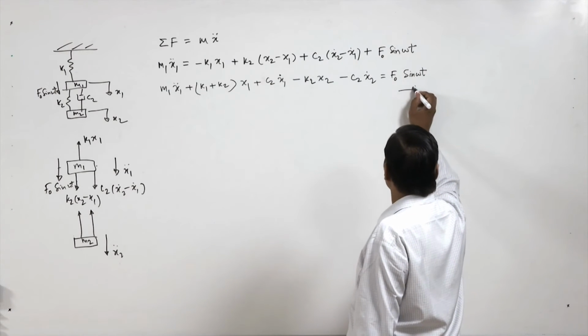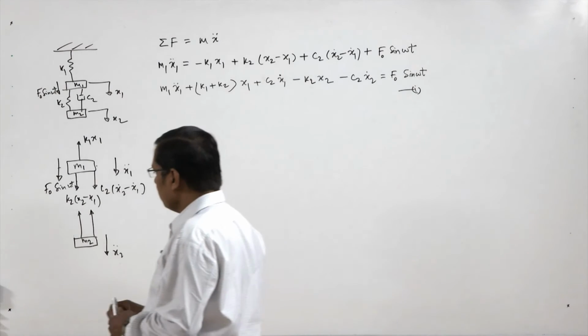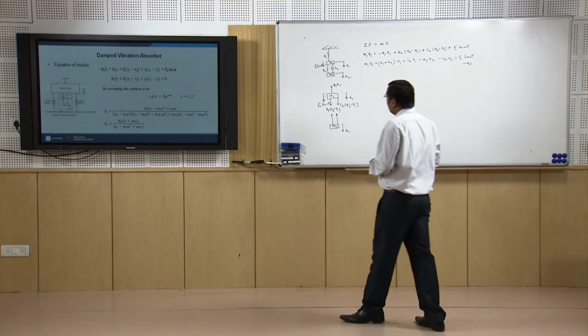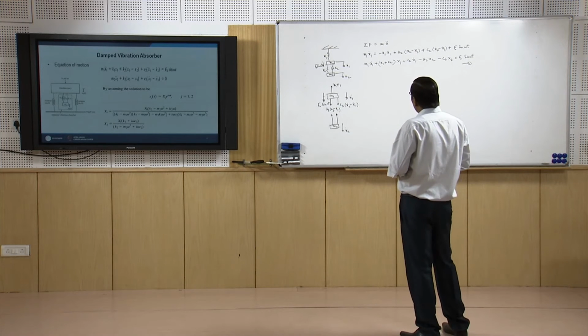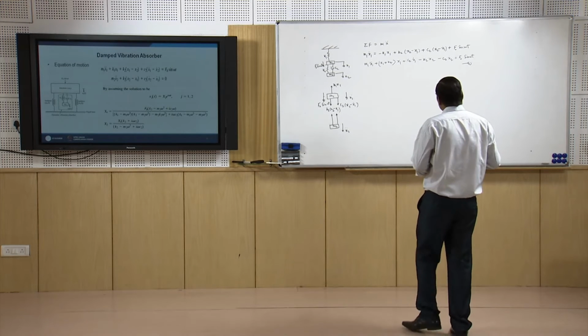So this is equation number 1. So we have this equation of motion for this first mass.